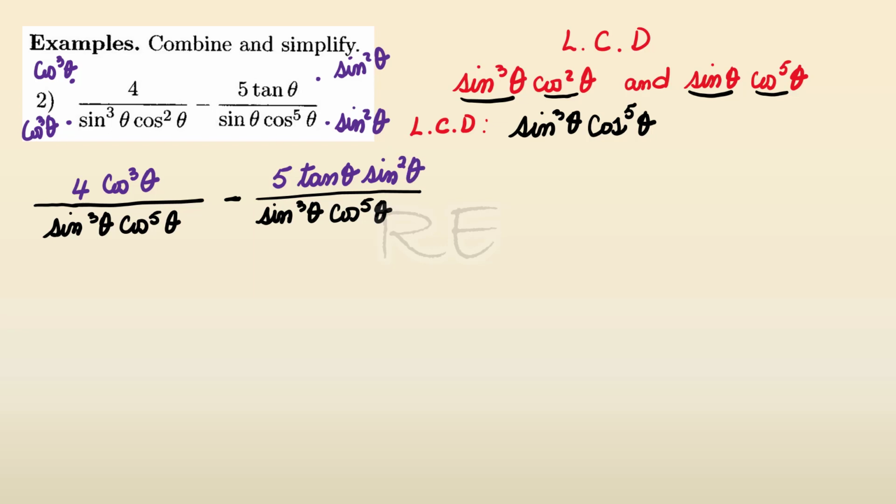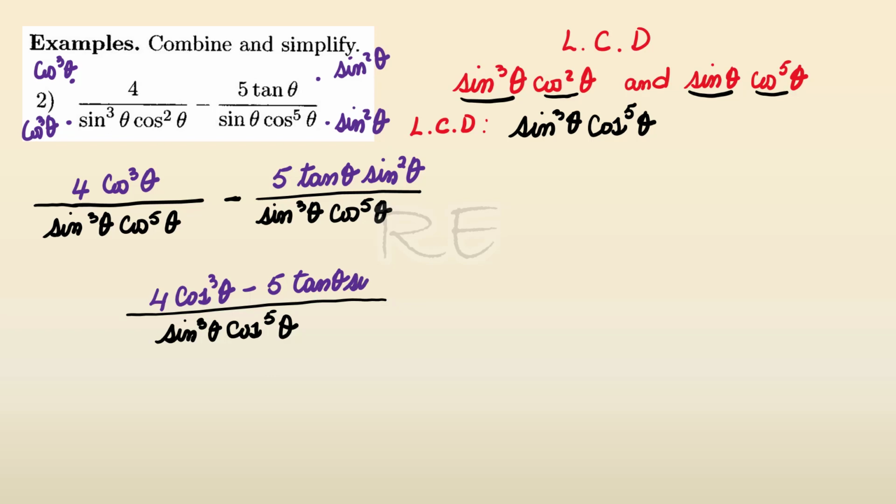Now we're done. We just have to put them together under the same denominator, and our answer will be 4 cosine cubed theta minus 5 tan theta sine squared theta divided by sine cubed theta cosine fifth theta.